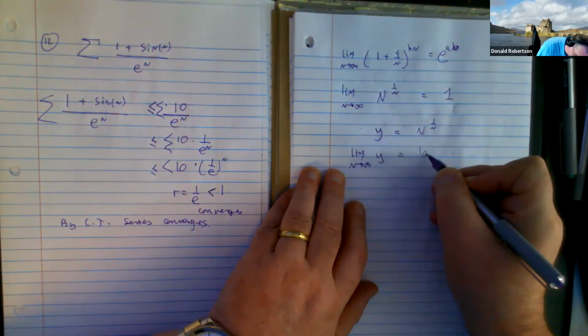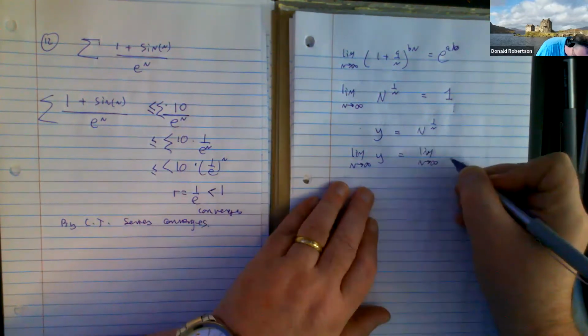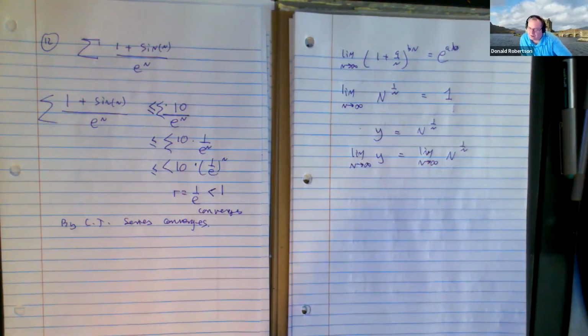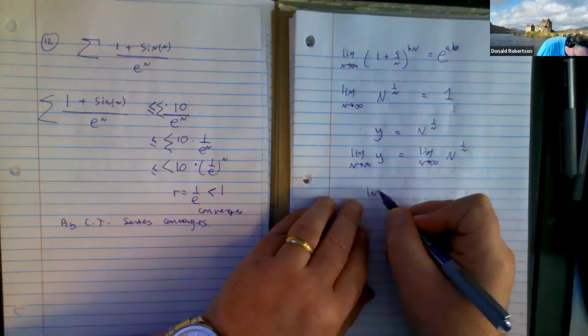And it's going to be the limit as n tends to infinity of that guy, right? So far, so good. Now, I'm going to take the log of that guy.